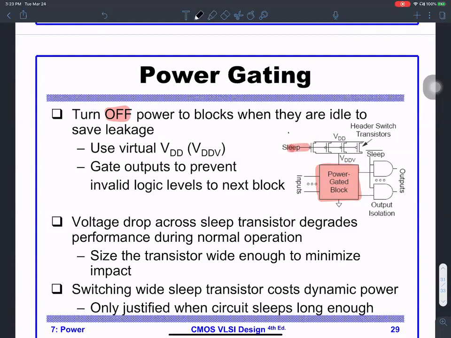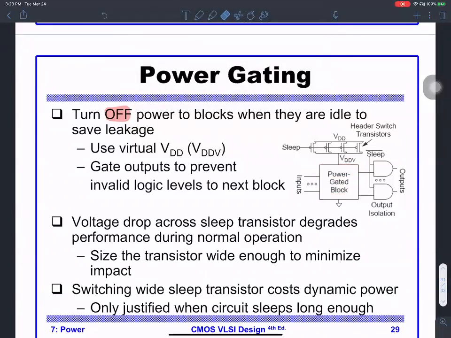If I put a 1 on this sleep input, all the PMOS transistors are going to be off, and then the VDD here is not going to pass through to the power gated block below. So I'm using switches between VDD and the power gated block so that I can turn off the power supply when a particular block is idle.